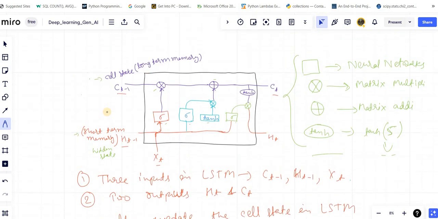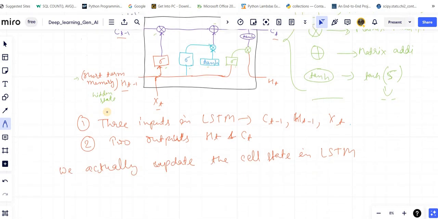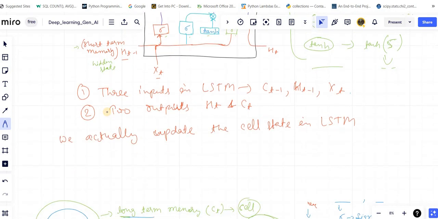This straight line which you are seeing here, because this is where the output will come. And the second thing, how to calculate the hidden state.